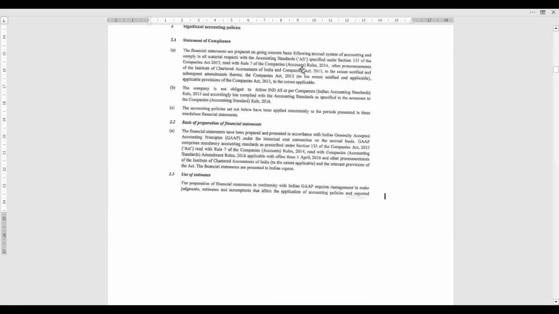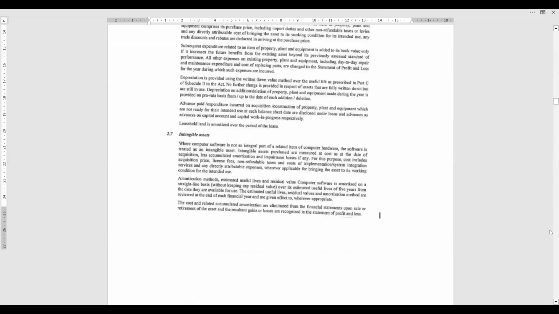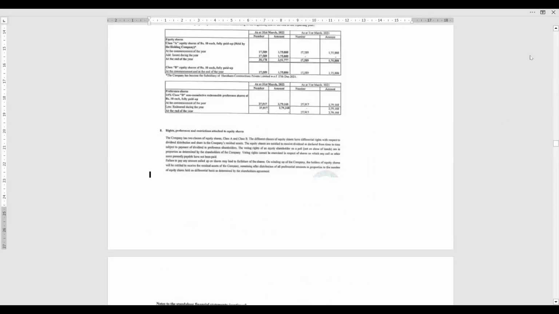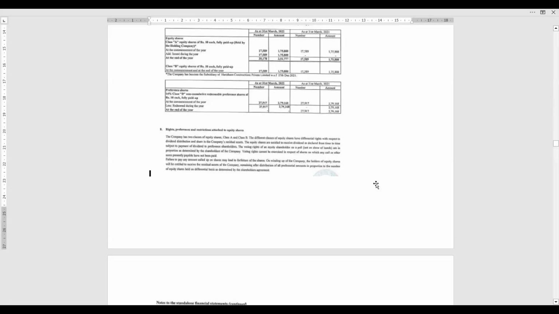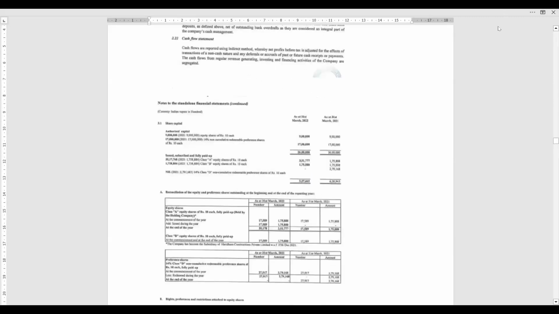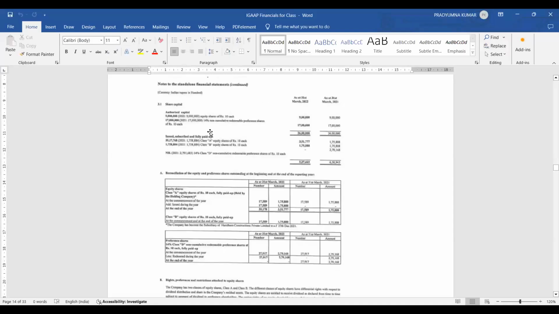I will zoom it. There is a glare because the downloaded copy itself is like that. So just bear with me. Of course, you are not able to see the numbers, but you are able to see the content.